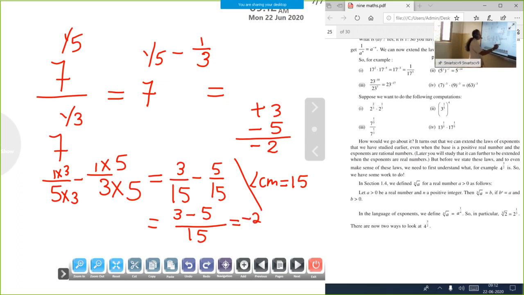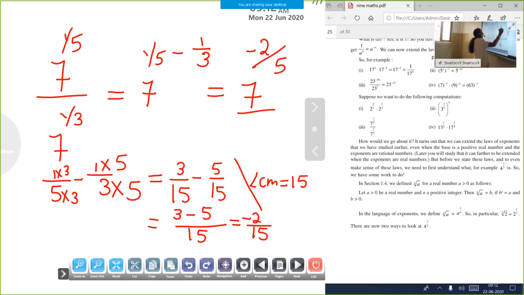So the answer is minus 2 by 15. So here 7 raised to 1 by 5 divided by 7 raised to 1 by 3, our answer becomes 7 raised to minus 2 by 15. So this is our answer.